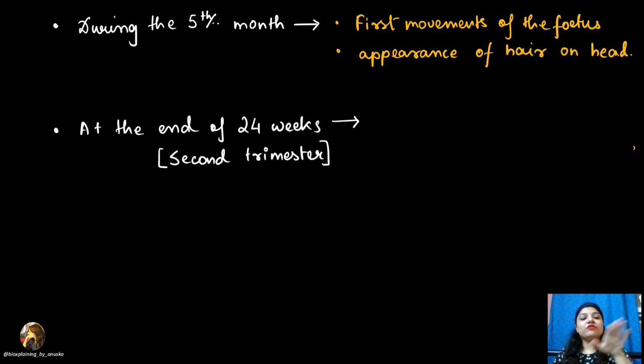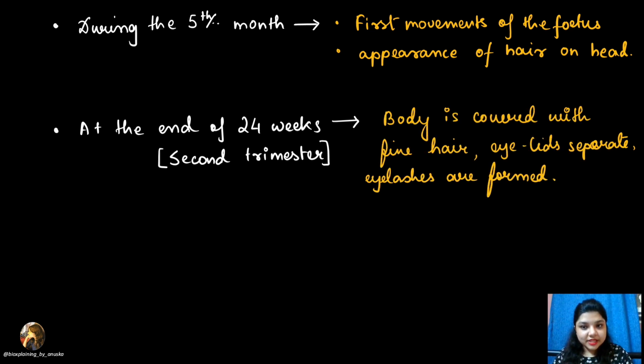Then by the end of 24 weeks, that means 2nd trimester, what we see is that the body is covered with fine hair, the eyelids have separated and the eyelashes have formed. So 5th month, first movement and appearance of hair on the head. 24 weeks, that means end of the 2nd trimester, right?